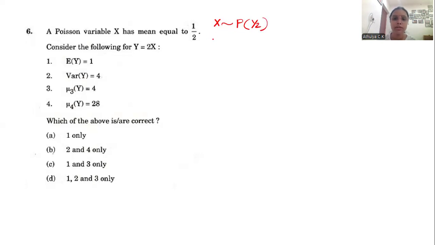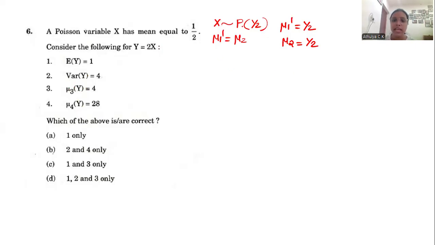We know that for a Poisson distribution, mean is equal to variance. Here mu1 dash is equal to 1 by 2, so automatically the variance will again be 1 by 2. One more thing, we need to find mu3 and mu4 of x.